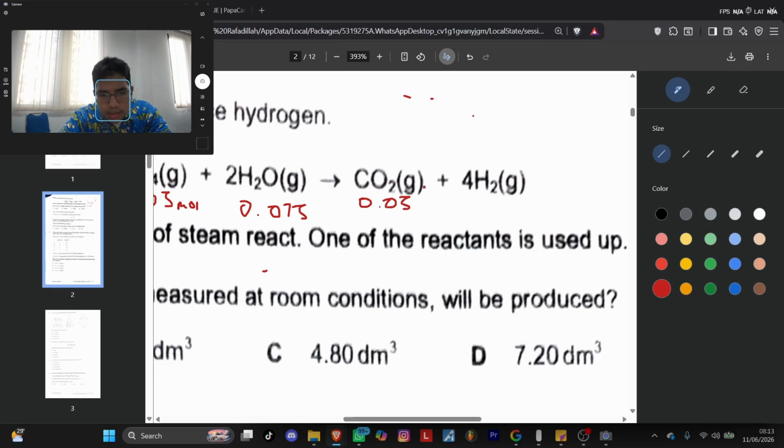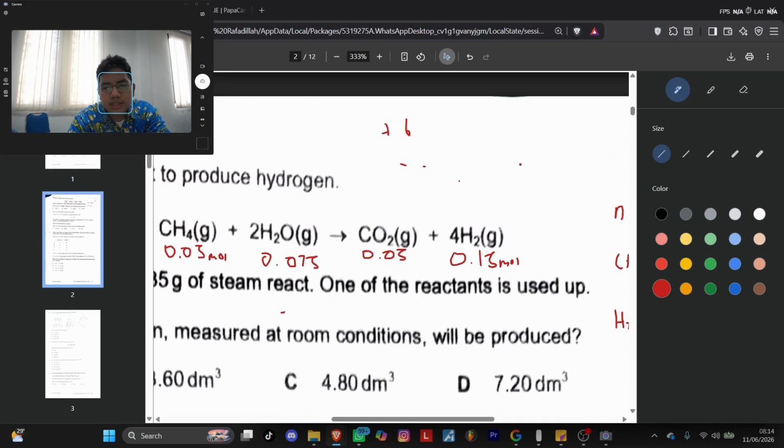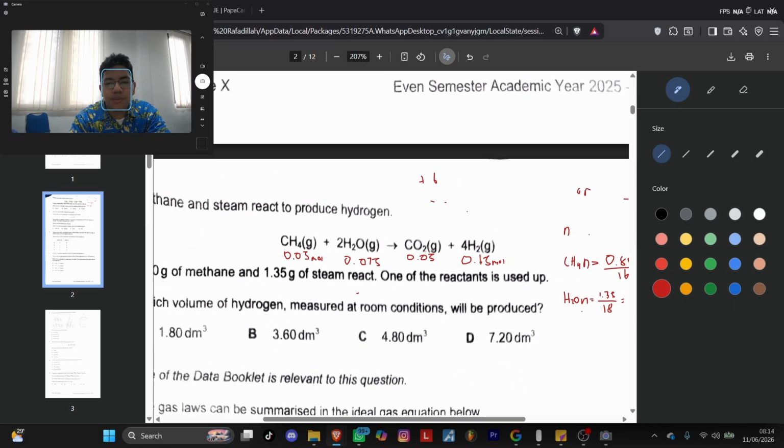Okay, so from this we know that CO2 is 0.05, and this is 0.075 times 2, 0.15 mole, right? Then we just need to search the volume of hydrogen measured at room conditions, because we already know this is 0.15 mole from the ratio.